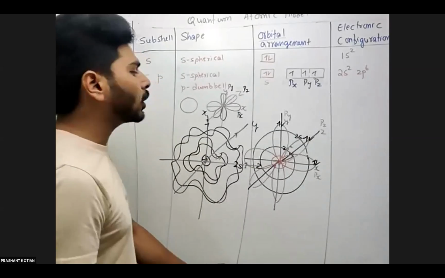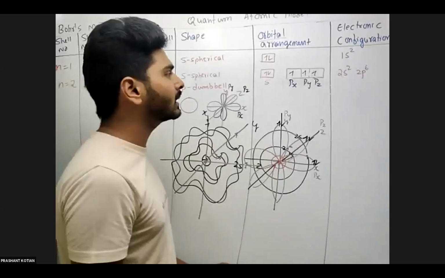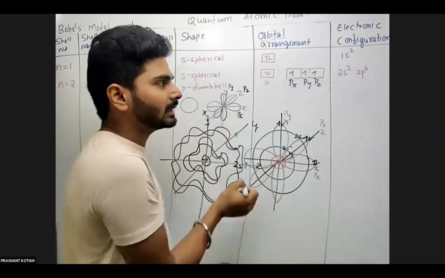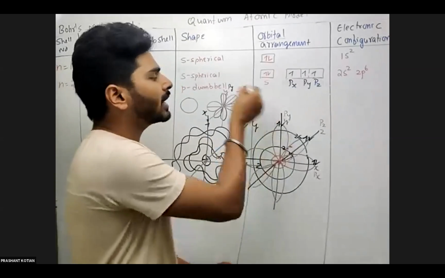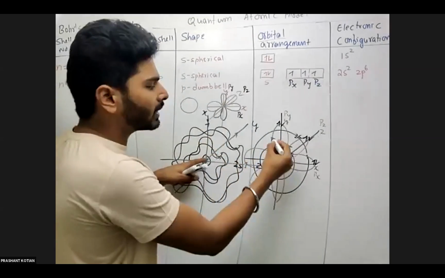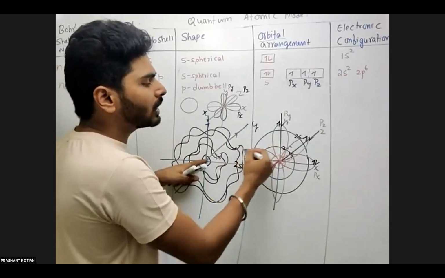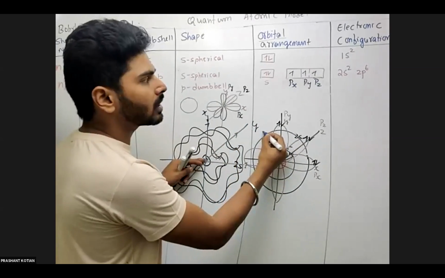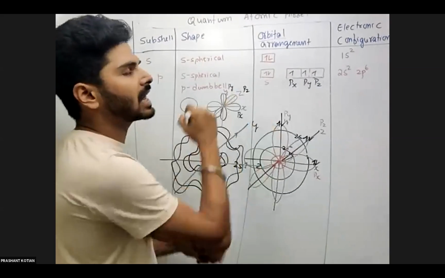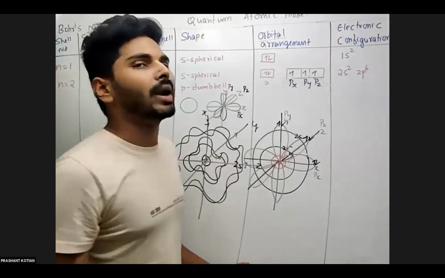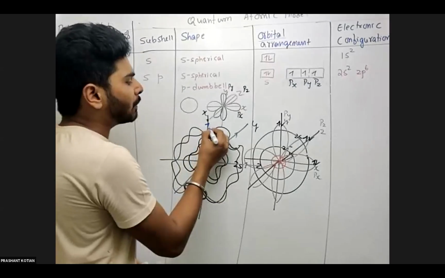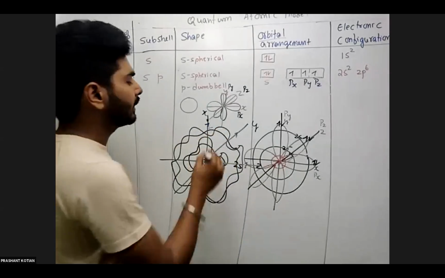Now the 8th electron has 2 possibilities. One is it can reorient itself and get paired in this axis, in this orbital, or it can revolve as a separate electron by going a little away from the nucleus, because this much is already covered. So it has to go a little away from the nucleus, and thereafter it can start revolving. But what it will select, it will readjust itself, thereby it will start pairing with any of the orbitals.